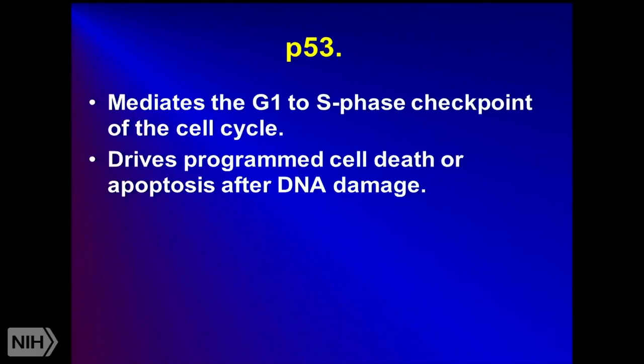So with P53, we mentioned previously, it causes G1 to S phase checkpoint inhibition in most of the cells, subsequently driving programmed cell death or apoptosis after DNA gets damaged. So if the P53 gets mutated, then the cancer cells will readily proliferate.